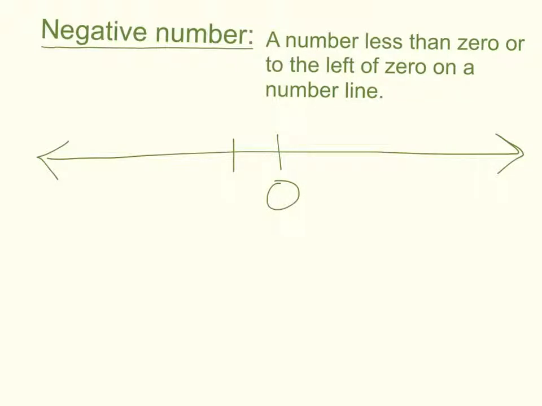Directly to the left of 0, we're going to put -1. And then to the left of -1 would be -2. And we're going to keep working our way to the left. -3, and we would keep going, so on and so forth. It's going to look like a mirror image to our positive numbers. Okay, so these numbers to the left of 0 are negative.